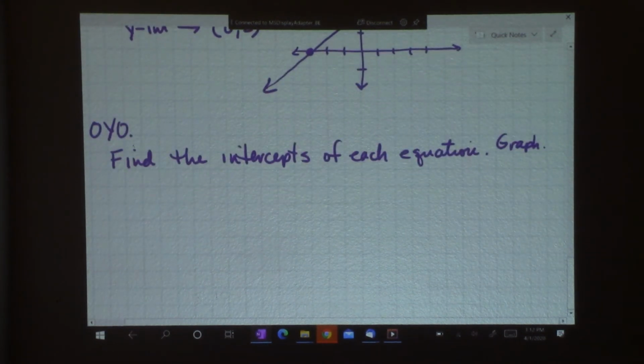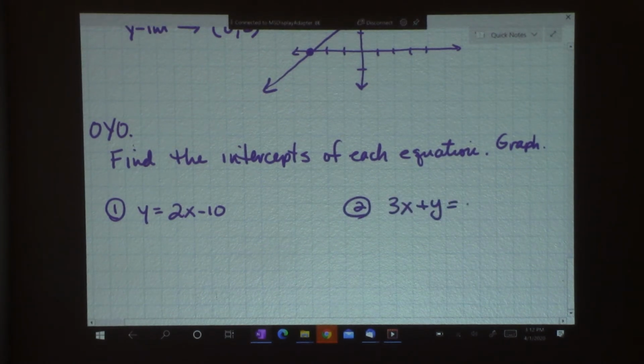Okay, so here's number 1. Y equals 2x minus 10. And number 2, 3x plus y equals negative 1. Okay, go ahead and pause the video, work on those 2 OYOs, and we'll be back in just a minute.